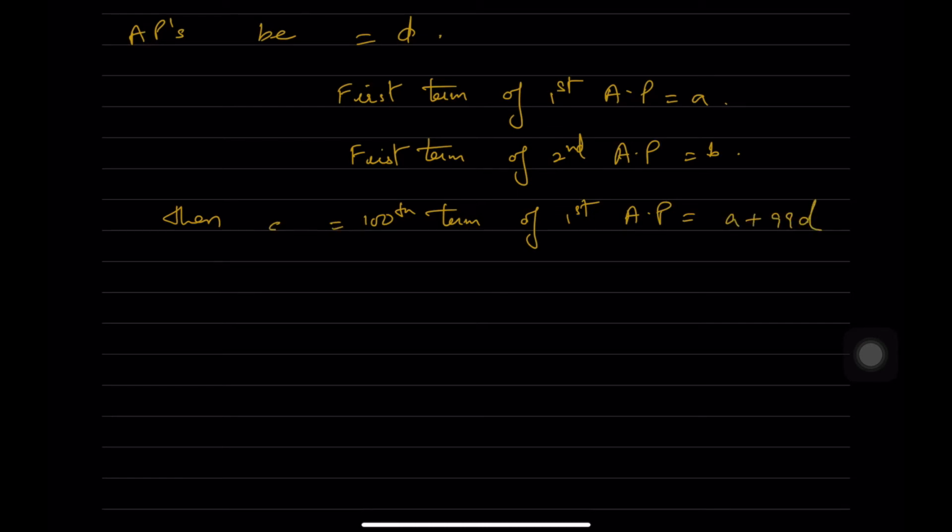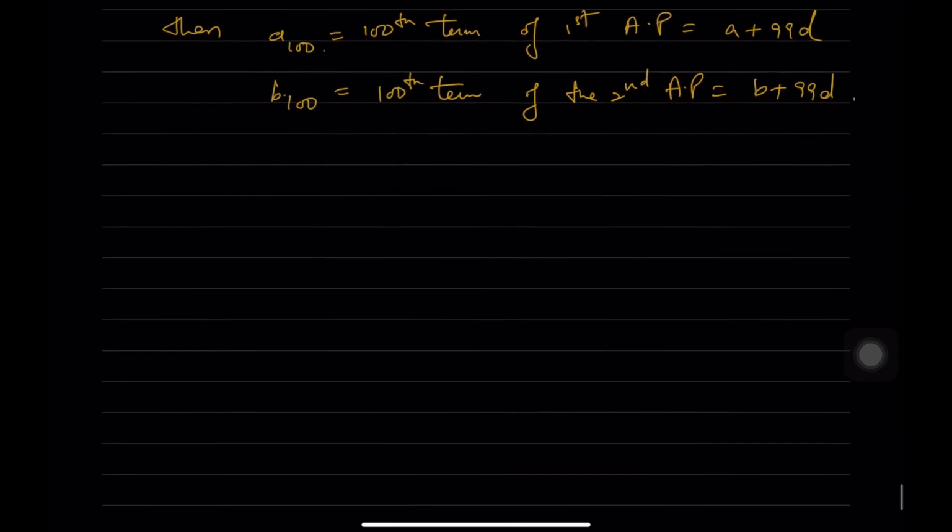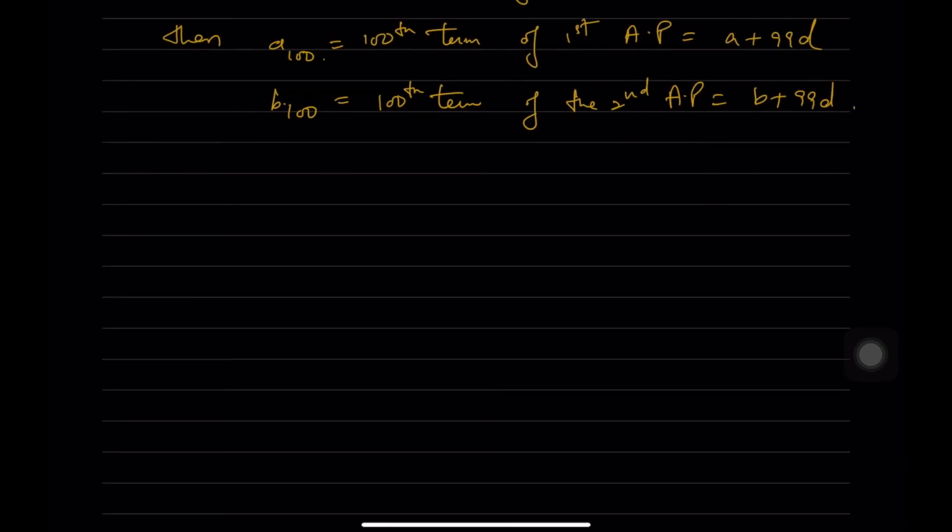That is, you can write this as A100, and the 100th term of the second AP is written as B100. So the 100th term of the second AP is equal to B plus 99D. The common difference is the same for them, so we have taken it as D.